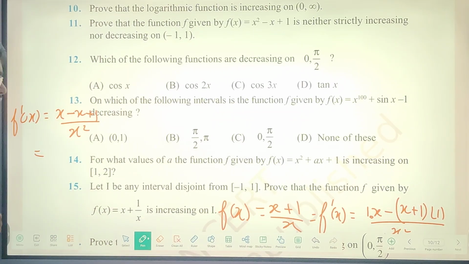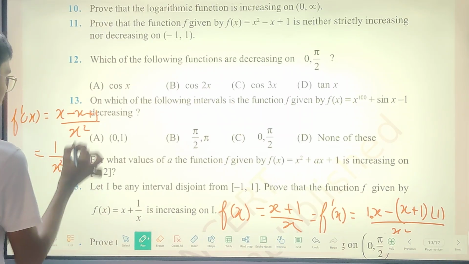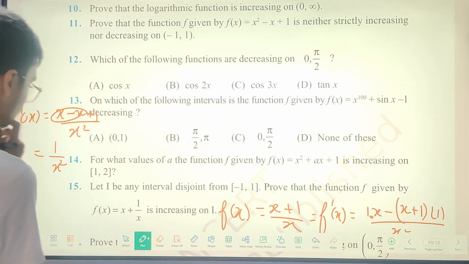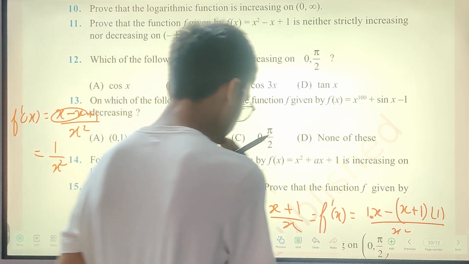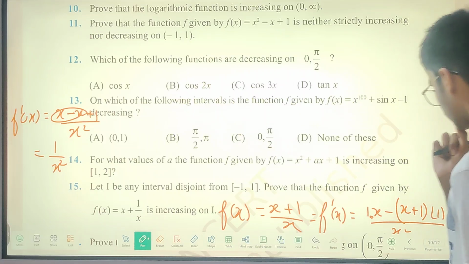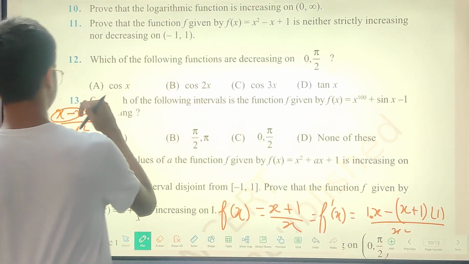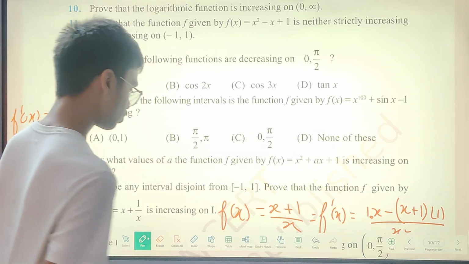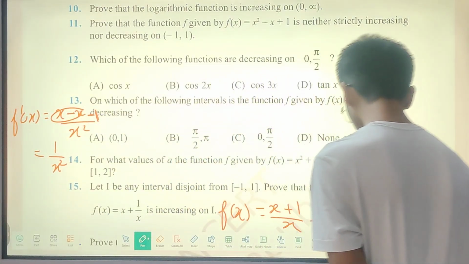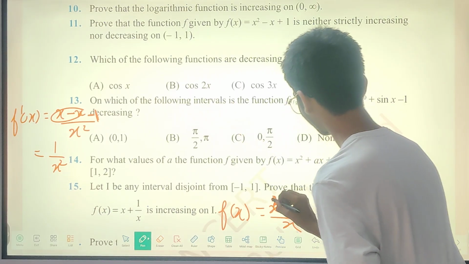It is 1 by x square, but there it was 1. How is this possible? x minus x minus 1. Am I getting x square? Drama, some basic problems.